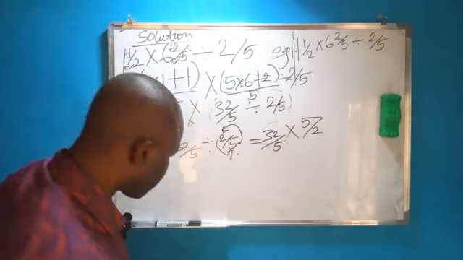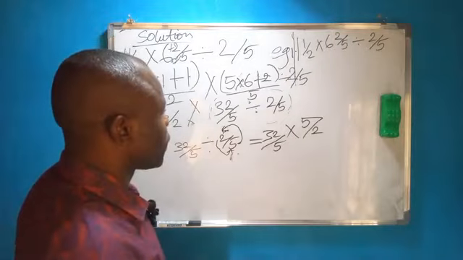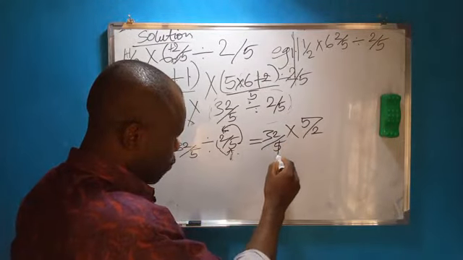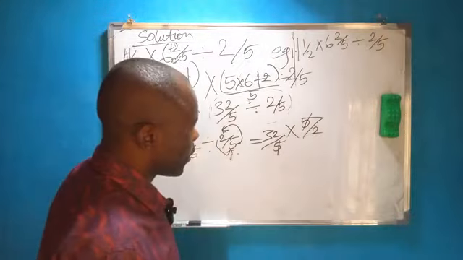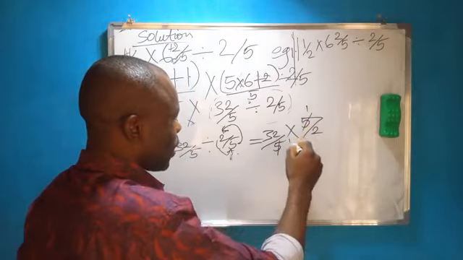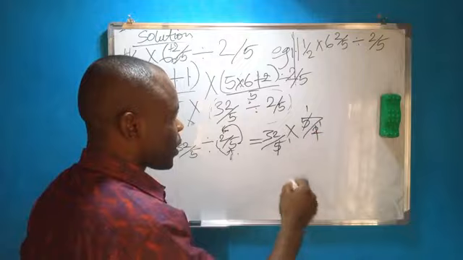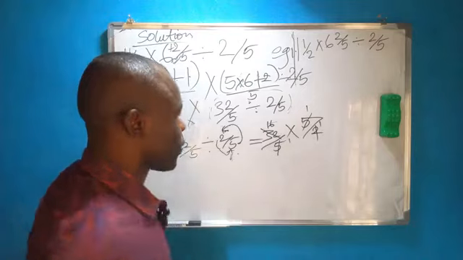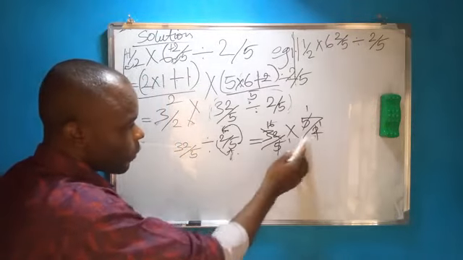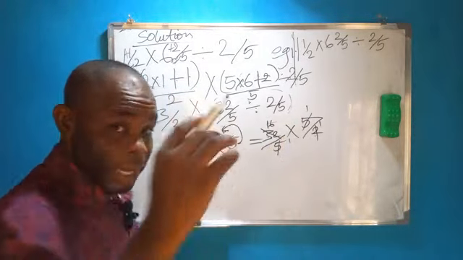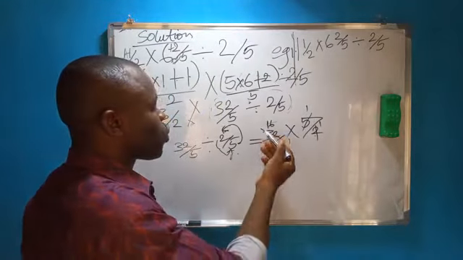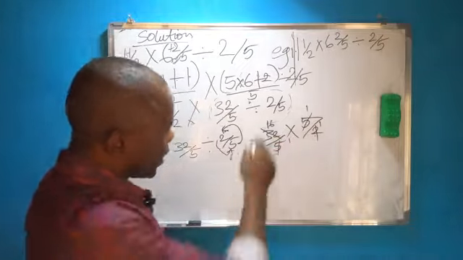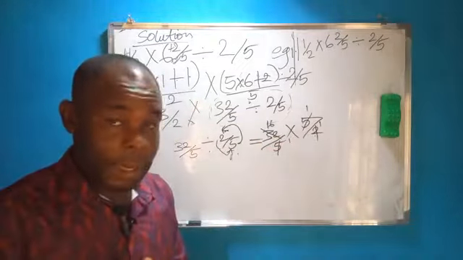Now, you have this 5 here. We'll cancel this 5, then you have 1. These 2 will cancel, have 1. These 2 will cancel 32 and you have 16. Because if 2 divides 3, it will give you 1. Remember 1. Carry that 1, add it to 2, it becomes 12. Okay? And 2 divides 12 is 6. That is 16. Is that clear now?